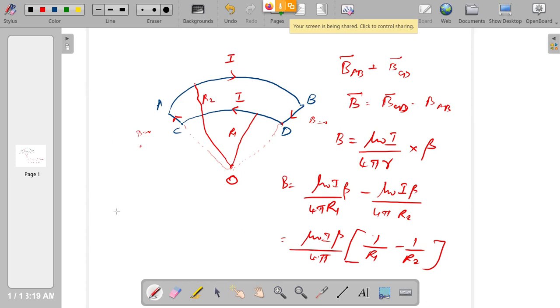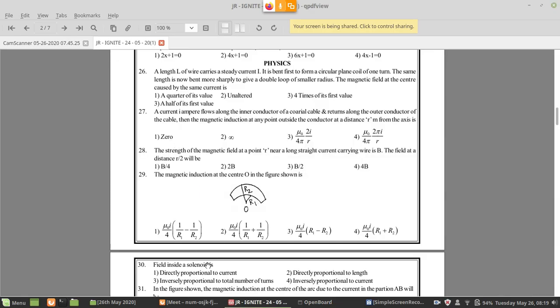Now assuming beta is equal to pi, this pi and this pi cancel, so the first choice is correct. Though the diagram does not look like a semicircle, we have to assume here that it is a semicircle, because among the choices angle beta is not given anyway. We have to just extend this to a semicircle, and the first choice is therefore the correct one.